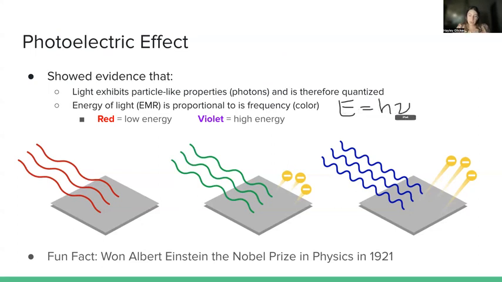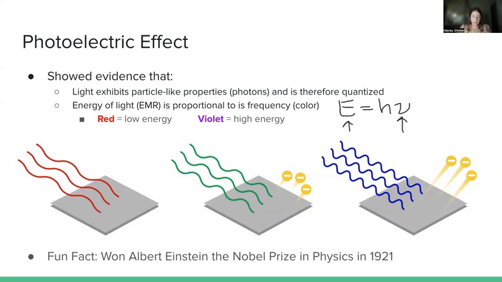So if I increase my frequency, I'm also increasing my energy, which means red light, which is lower in frequency, is lower in energy, and violet light, which has a higher frequency, is also going to have a higher energy. And that affects electrons differently.